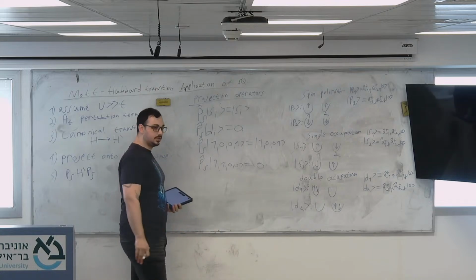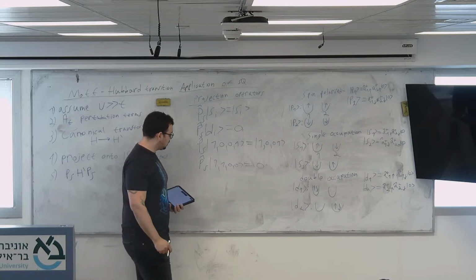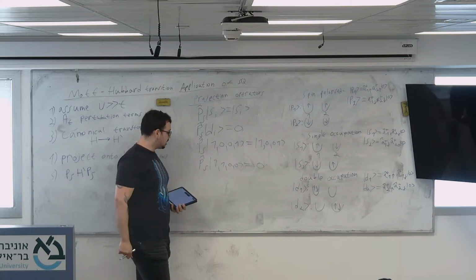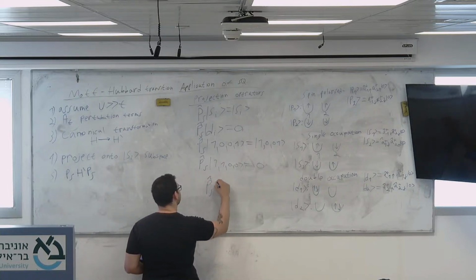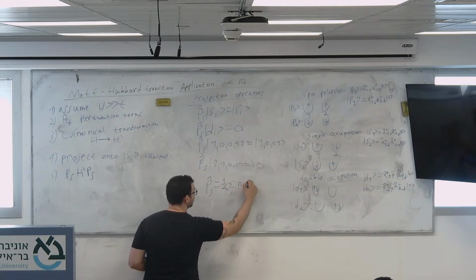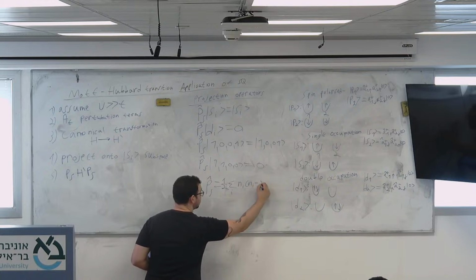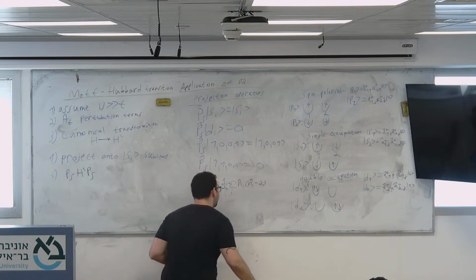You can solve this with just some basic intuition. PS will be equal to 1/2 sum over i of n_i times (2 minus n_i).